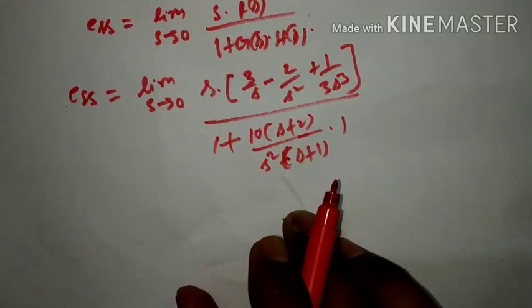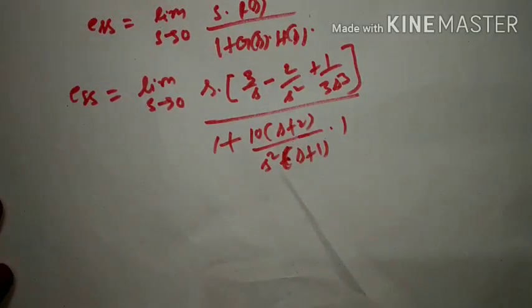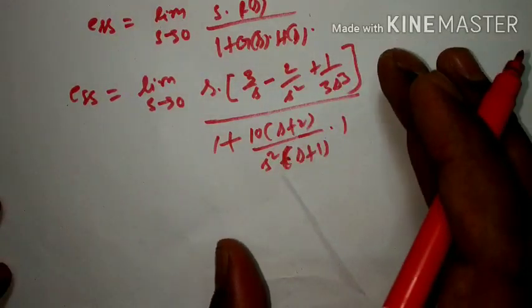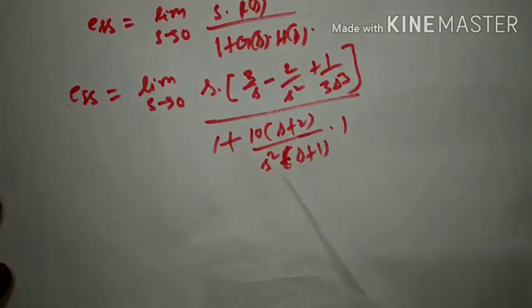So after you derive it mathematically, you will substitute all the values and get 1 by 60.